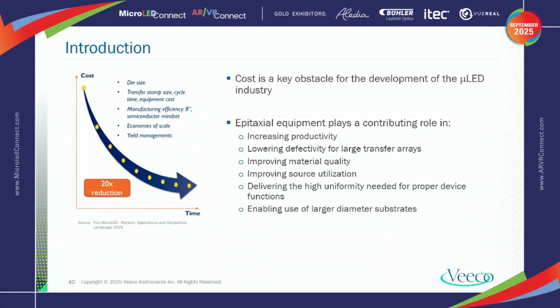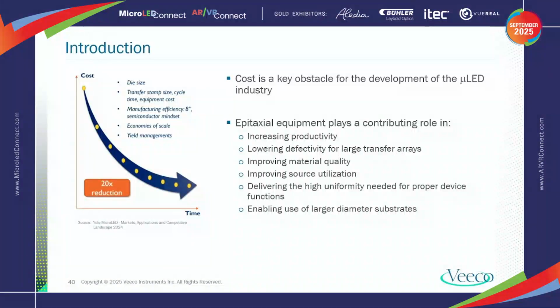And there are a number of factors that contribute to it across the entire process flow for fabricating microLEDs, but certainly epitaxial equipment plays a contributing role. Also, we're at the very beginning of that process flow.